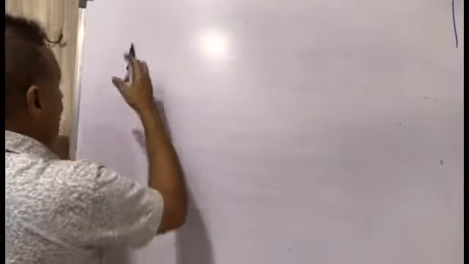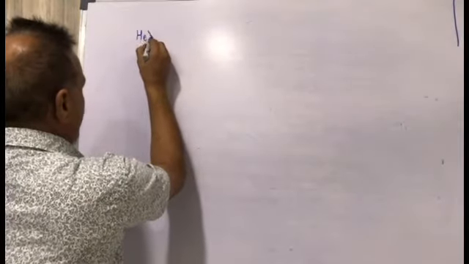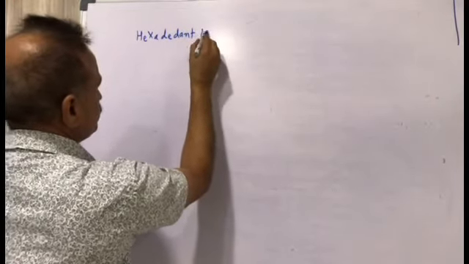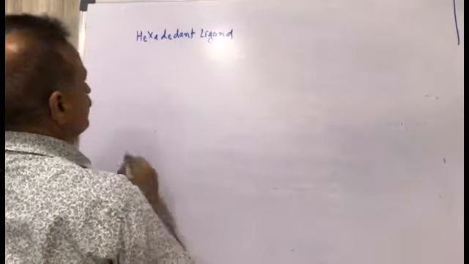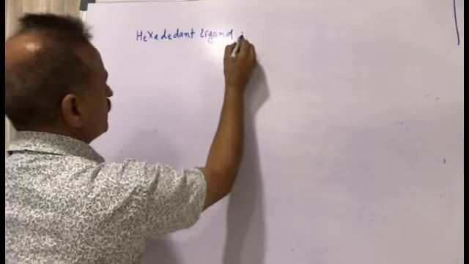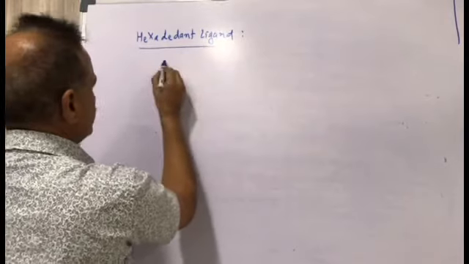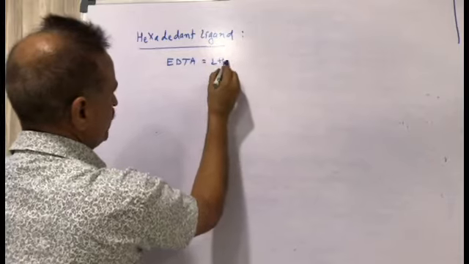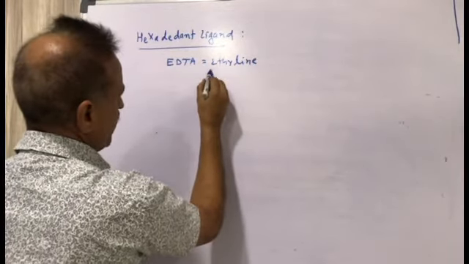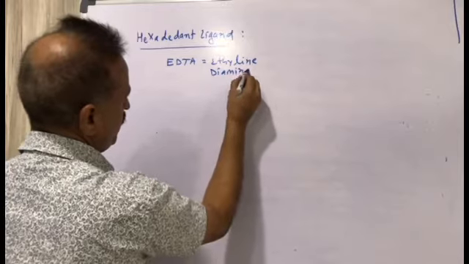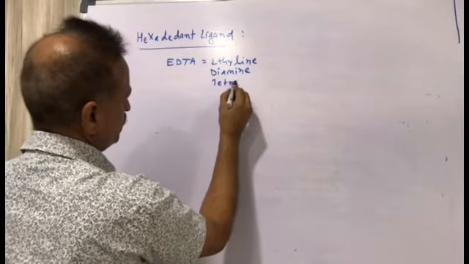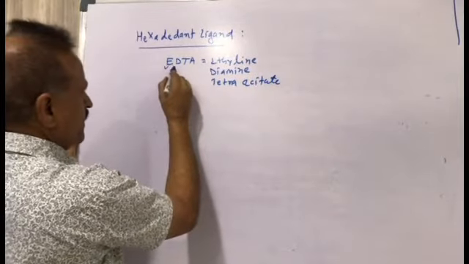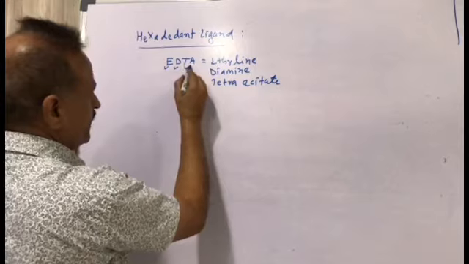The example of a hexadentate ligand is EDTA, ethylene diamine tetraacetate.